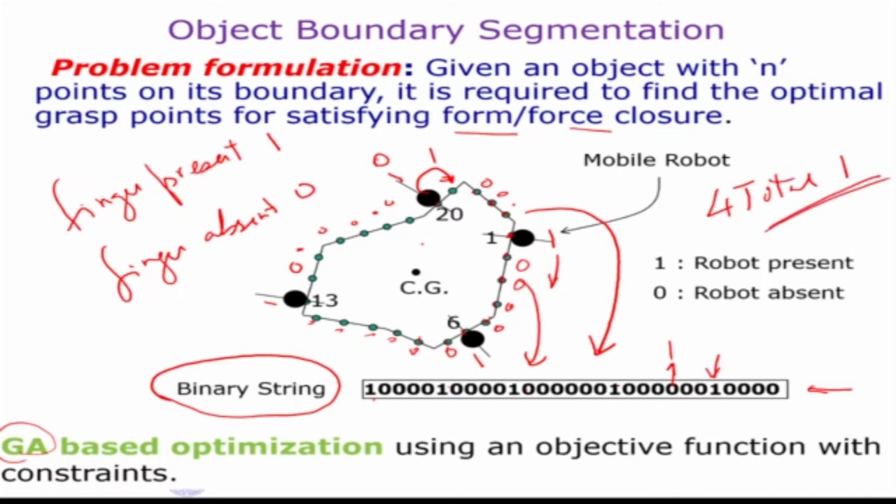So there are always going to be 4 fingers present. What the GA would essentially do is switch those bits, and that means in the physical system that is where the fingertip is present now. That is equivalent to placing my fingertips at different points on that object.